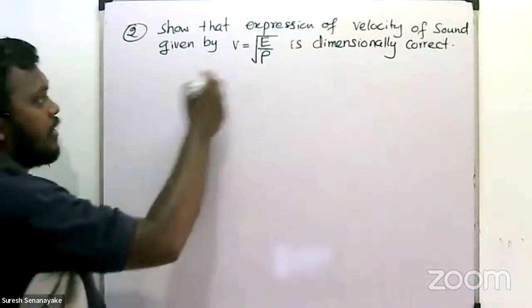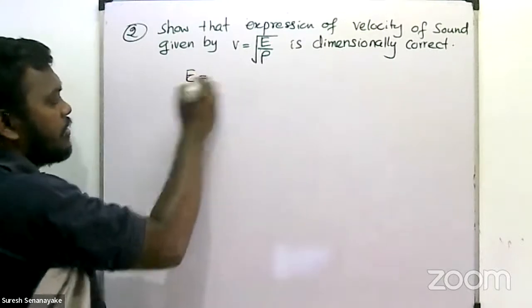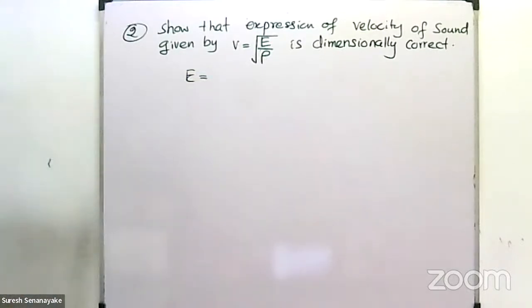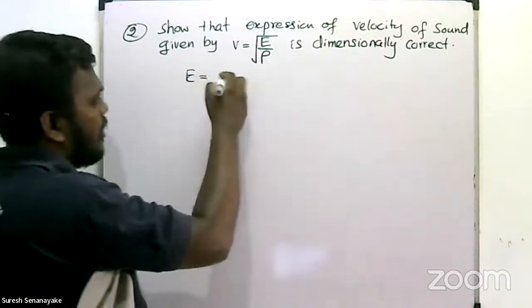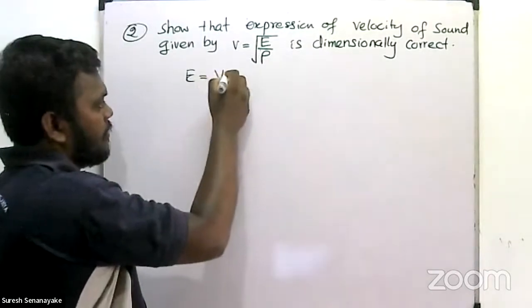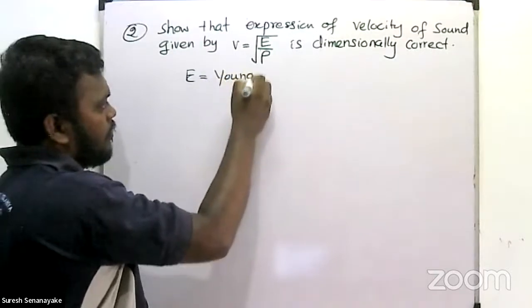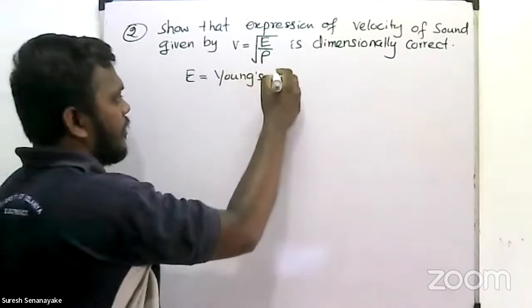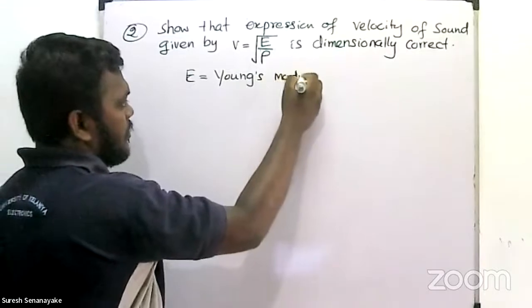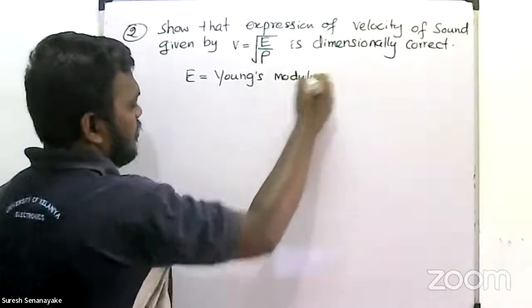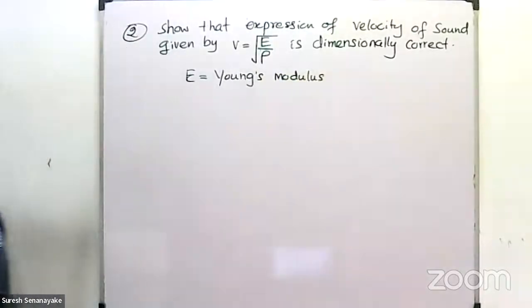I'm given that E is the Young's modulus, the coefficient of elasticity. Young's modulus has the same dimension as pressure.